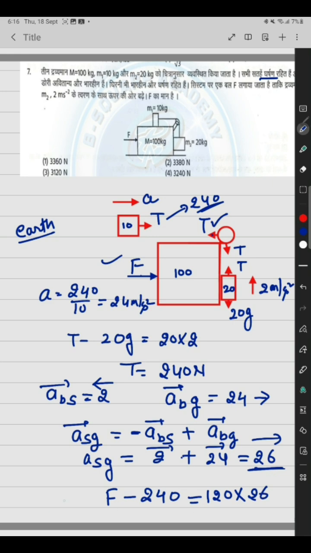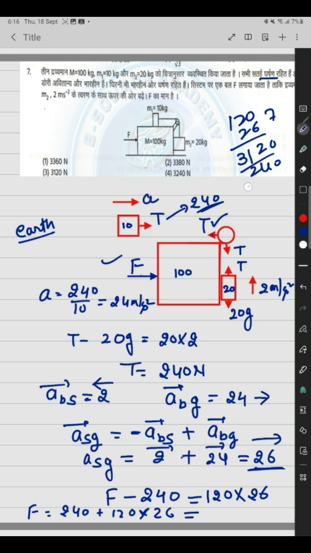Then F is equal to 240 plus 120 into 26, so the total is 3120 and 240. I think it is 3,360 Newton. That is the requirement. So the first option is correct.